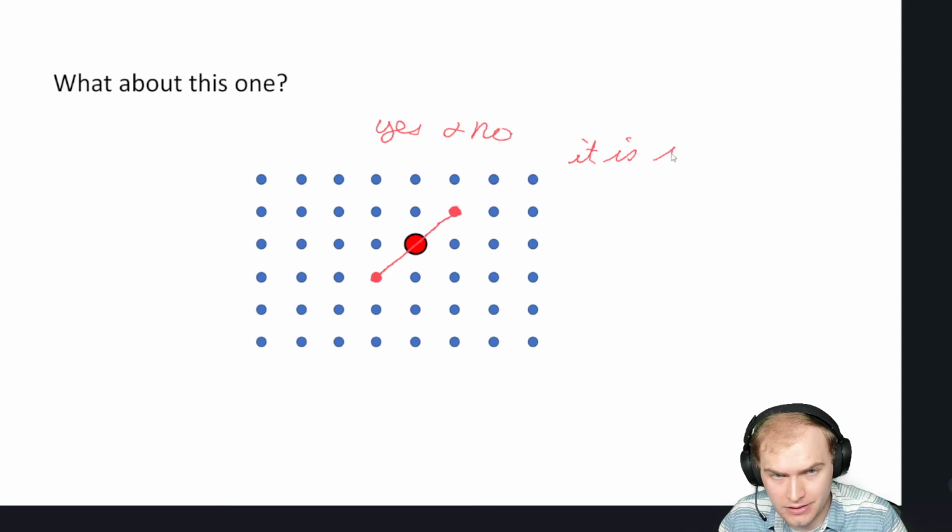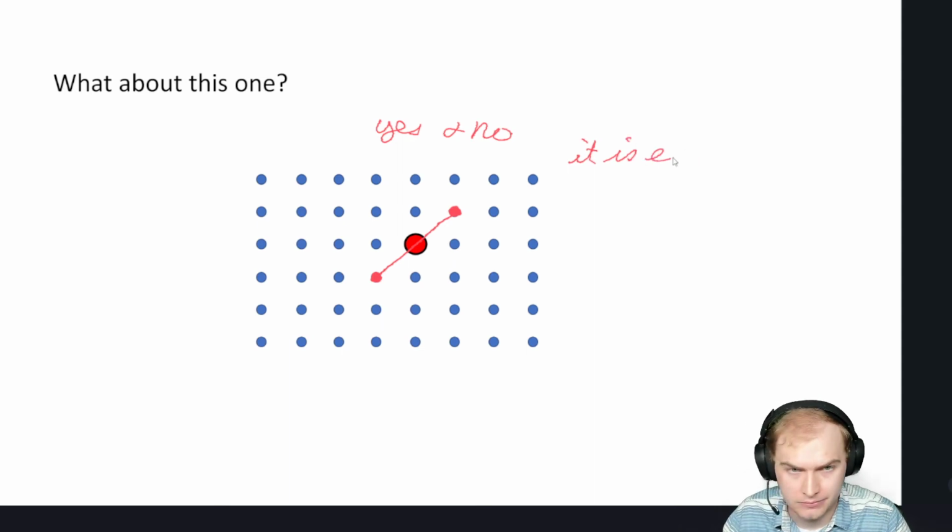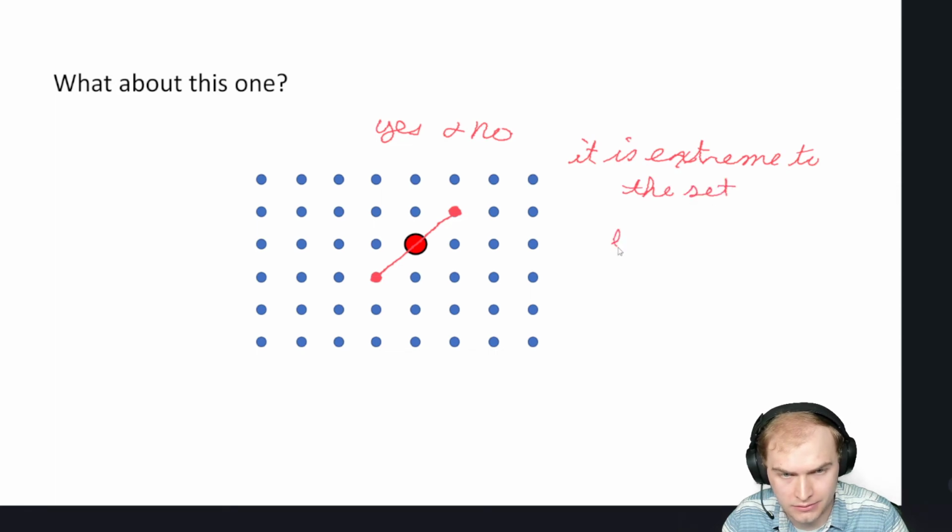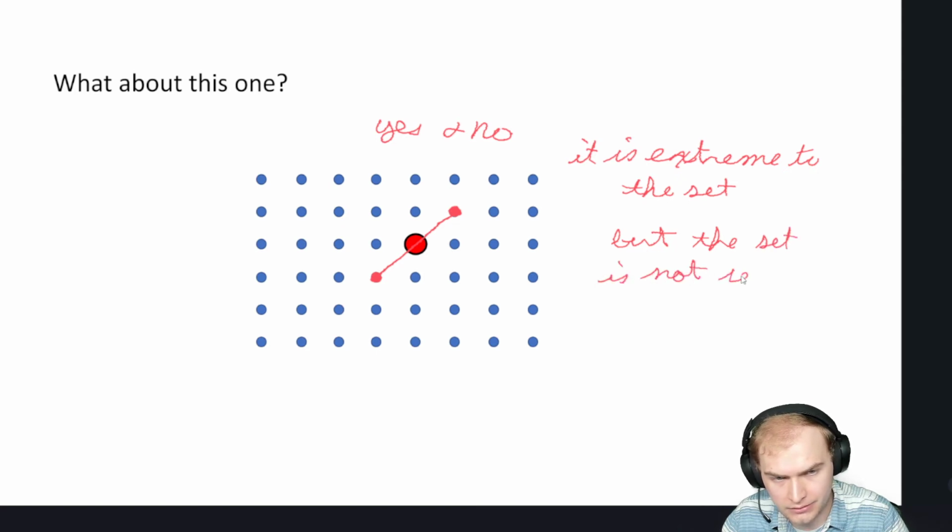It is extreme, I always misspell that, to the set, but the set is not convex, and extreme points are poorly defined.